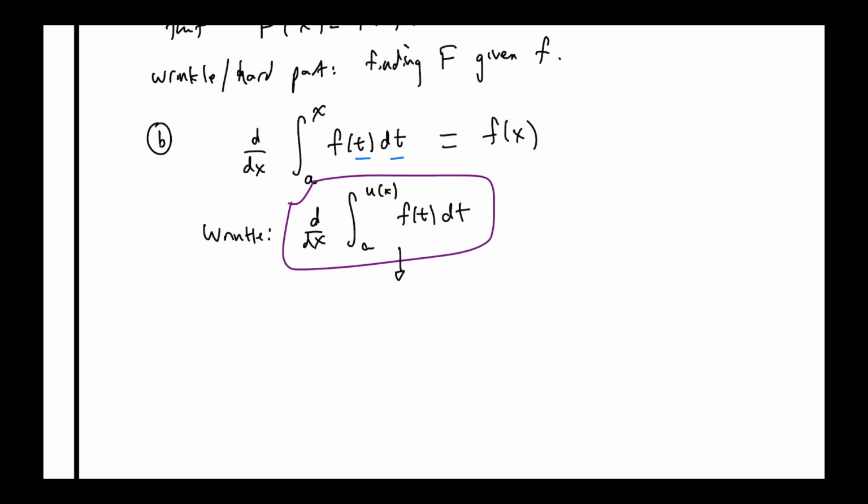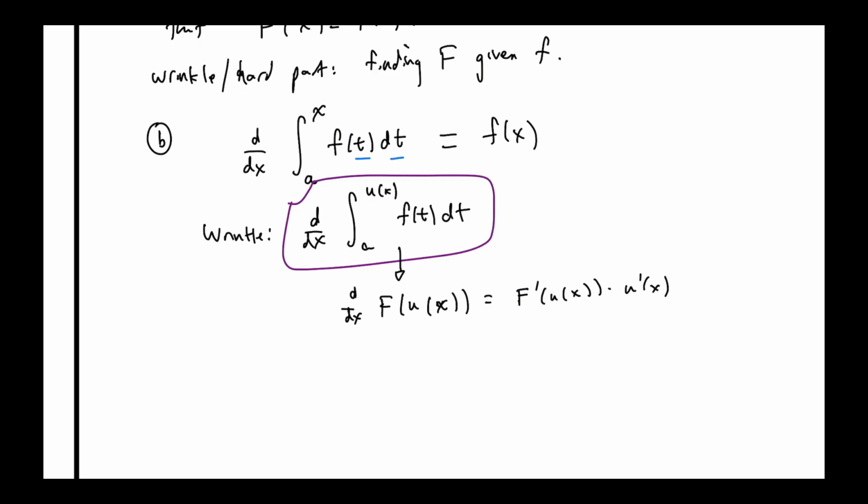Let's call this thing f of u of x, right? Because it's big F, but there's some function plugged in at the top, right? And I'm asking, what's the derivative of big F of u of x? Well, what rule do we need to use here? The chain rule. So what's the derivative of F of u of x?